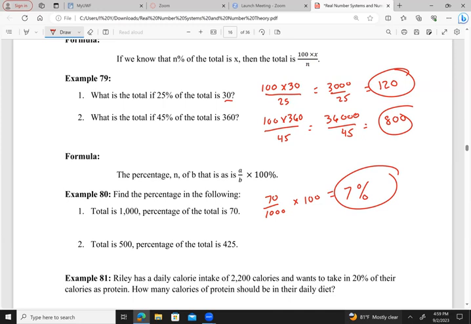Here we take total is 500, part of the total is 425. 425 divided by 500 times 100, and we get 85%.